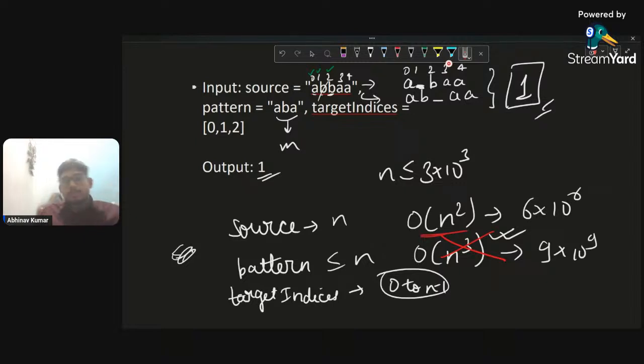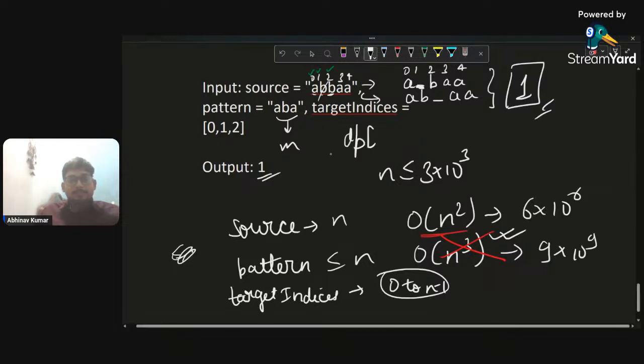So what state can you take for the DP? If I am taking a DP of i, j, that means I would take a state i for the source, which would denote this substring, that's what this i denotes.